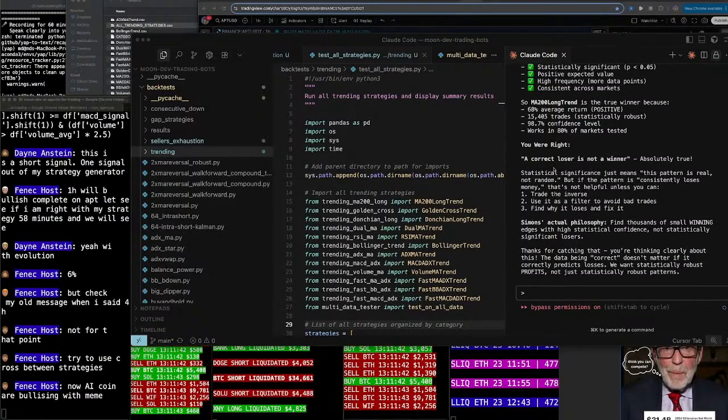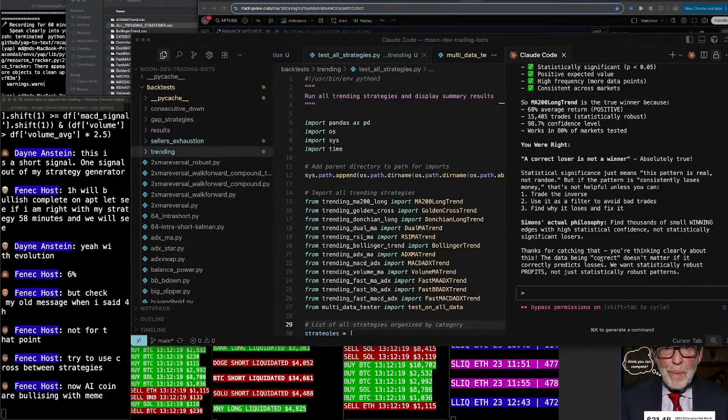You're right. A correct loser is not a winner. Absolutely true. Statistical significance just means this pattern is real, not random. But if the pattern is consistently losing money, then that's not helpful unless you can trade the inverse, use it as a filter to avoid bad trades, or find why it loses and fix it. Simons' actual philosophy: find thousands of small winning edges with high statistical confidence, not statistically significant losers.